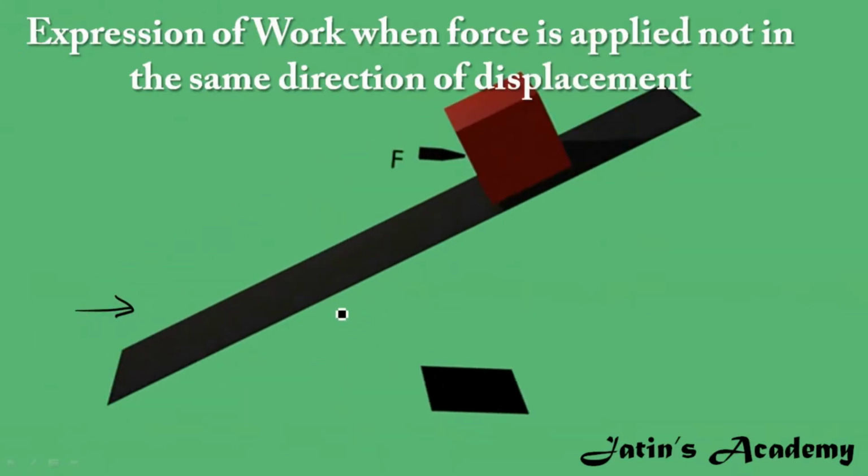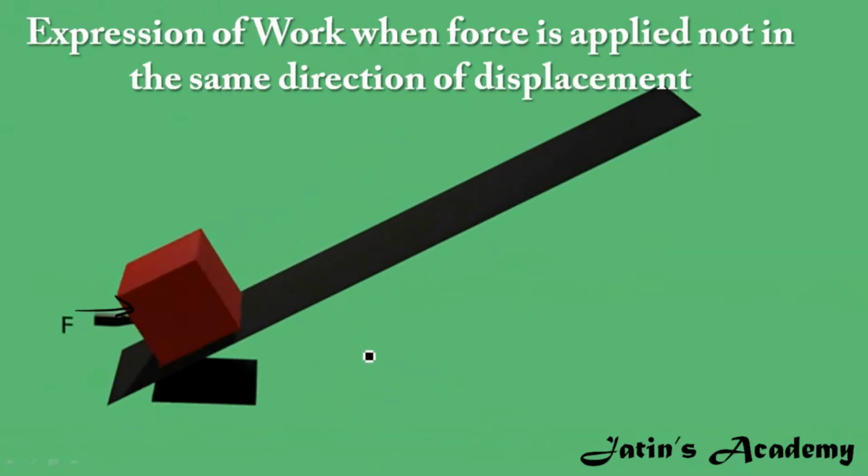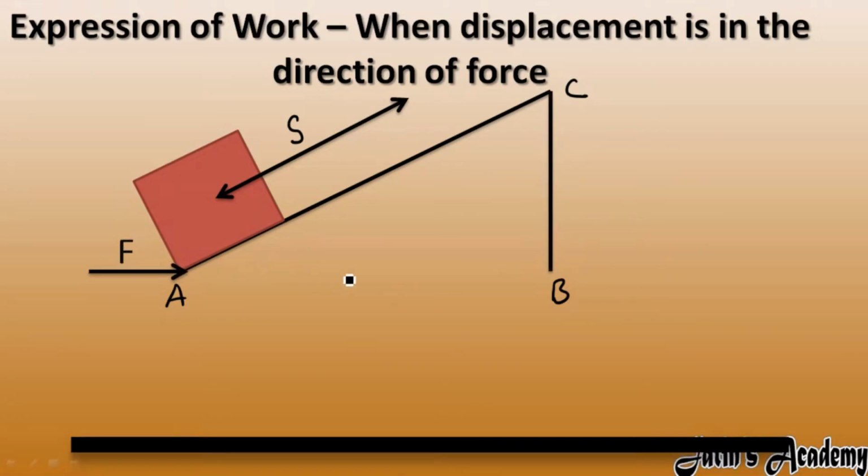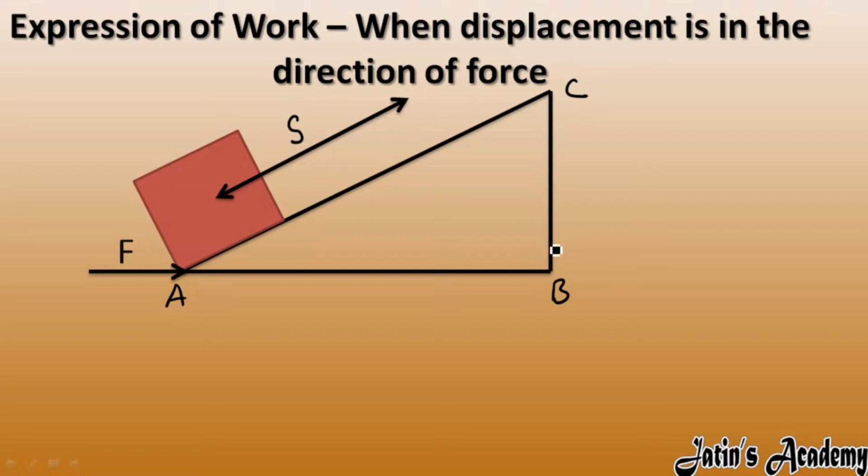So this displacement we will now calculate. So force is here. Now when we make a diagram, this angle is 90°. So this is the displacement which occurs in the direction of force. The angle between the force and the displacement is theta.